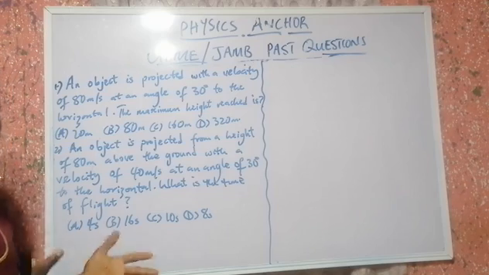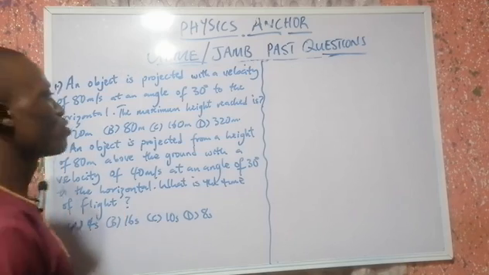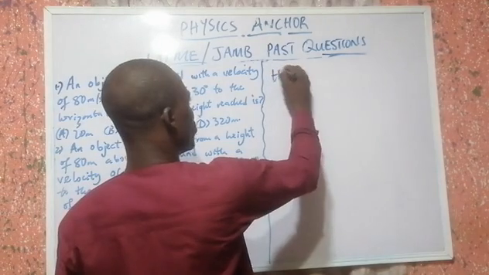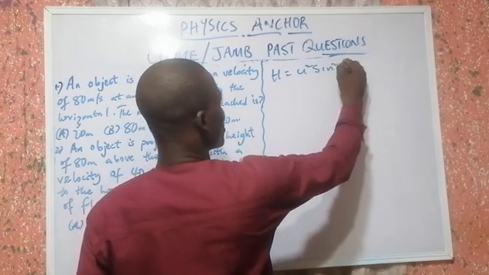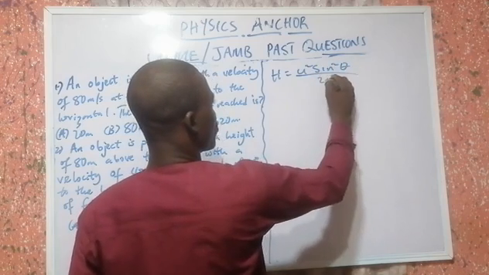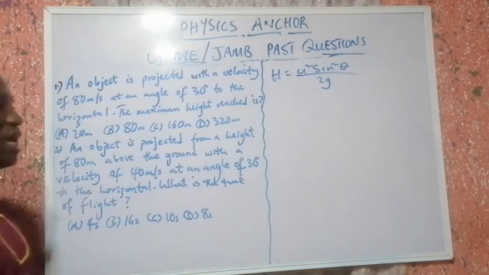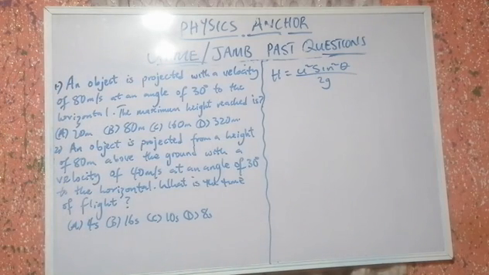In this case, you need to remember your formula. The maximum height is u squared sine squared theta over 2g. That's the formula for your maximum height. Then you can begin to list out the parameters.